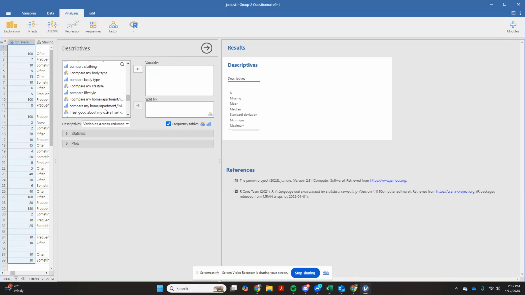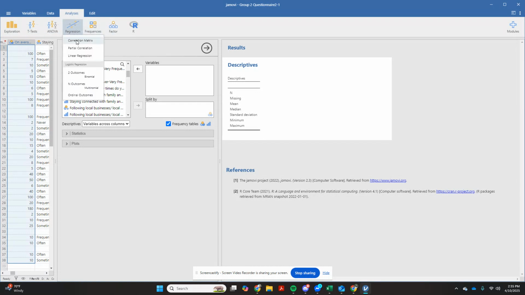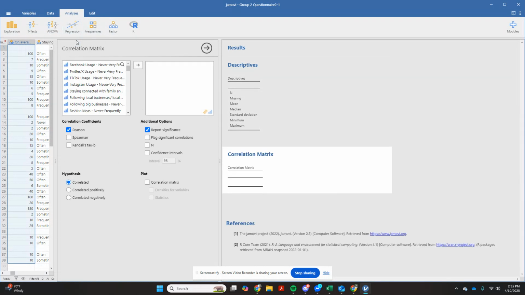So you would want to think about pairs. Looking through some of your ideas, I thought that maybe if you did a correlation, and to do that we come over here to regression and correlation matrix. Now it's going to narrow down which variables are in a format that you're able to use, right? And I always put flag significant correlations because it makes it easier to see.